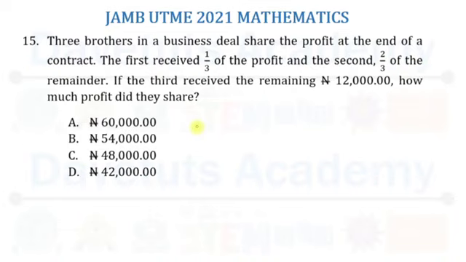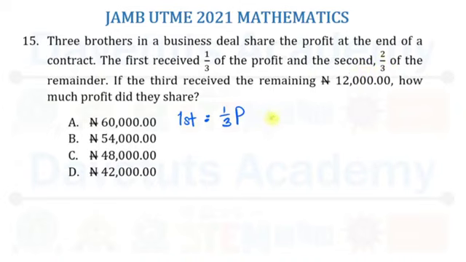Yeah, we have a question on fractions, okay, that is featuring a word problem. And we have been told that 3 brothers in a business deal share the profit at the end of their contract. Congratulations to them. Okay, so the first received 1/3 of the profit. So the first brother received 1/3 of P, if P is the profit, and then the second received 2/3 of the remainder.